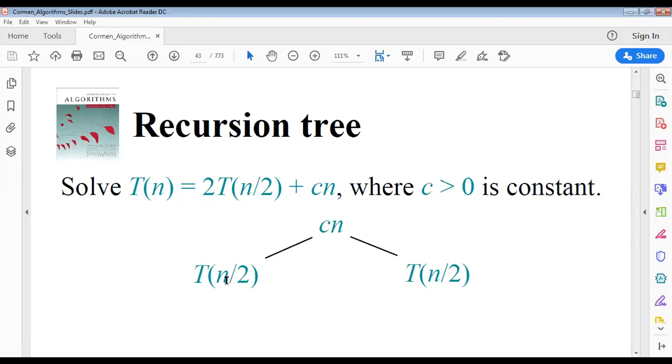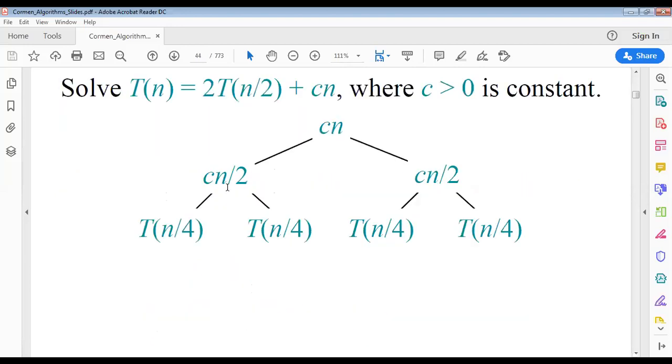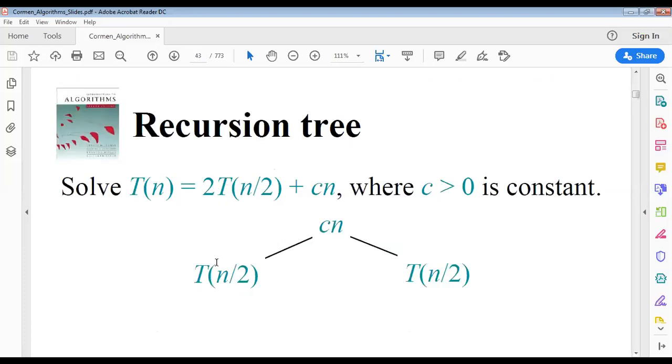If we put n by 2 instead of n, it will be n by 4. In the previous slide it was T of n by 2. So if we put n by 2 into the equation here, instead of n we put n by 2.